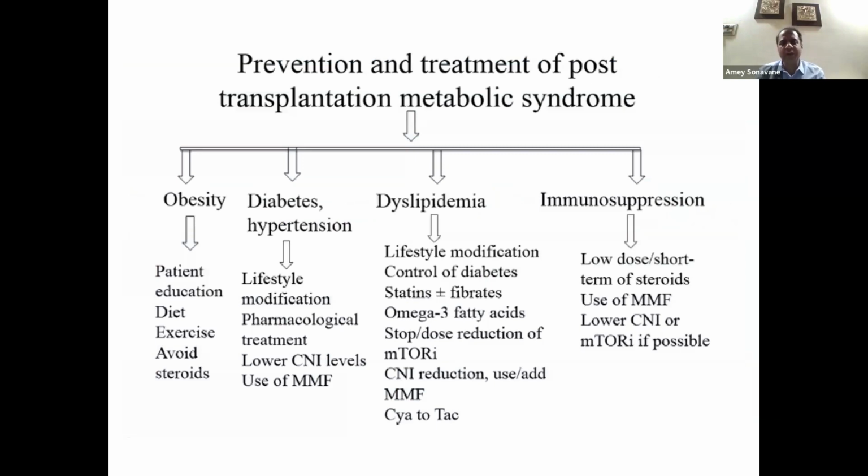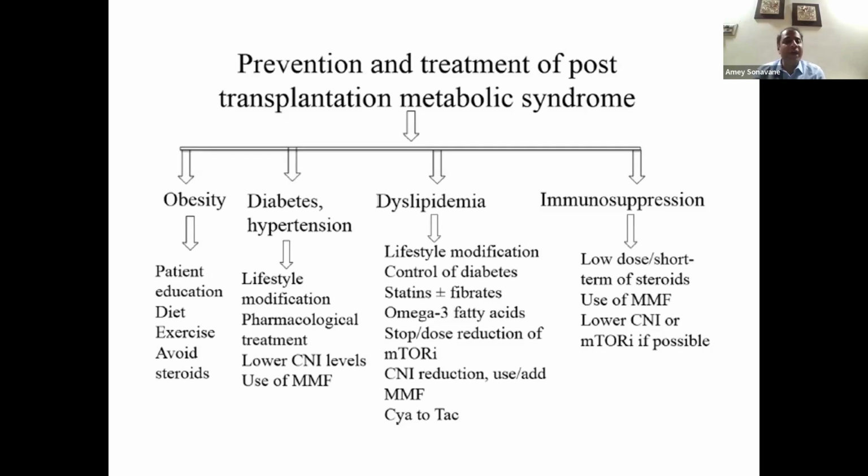So this is in general the summary of what we spoke till now. If the patient is obese, educate them, give them good dietary advice, tell them to exercise and avoid steroids. If the patient is diabetic or hypertensive, tell them to again do lifestyle modification, use insulin, use oral hypoglycemic agents, use amlodipine, ACE inhibitors, and beta blockers.